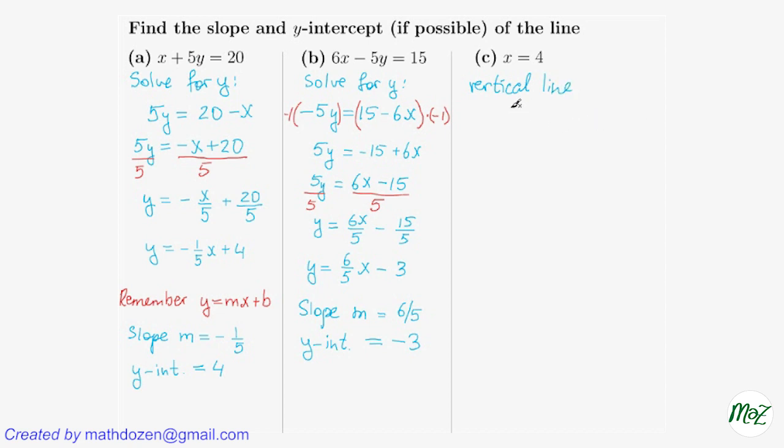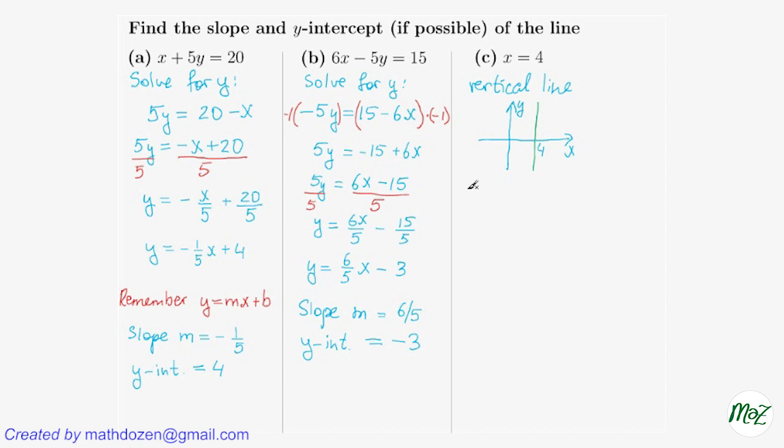So if we think about this, this happens to be the equation of a vertical line. It's easy to think about vertical lines if you have a sketch of the graph. So this line is a vertical line and it goes through x equals 4. Okay, so for the vertical line, what do we know?